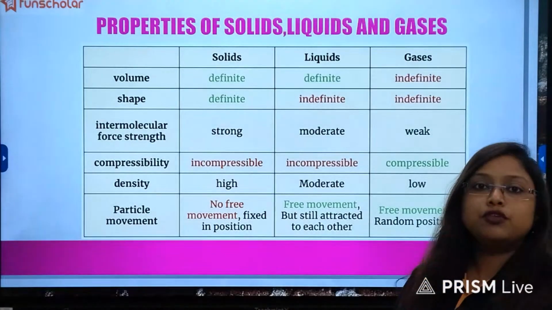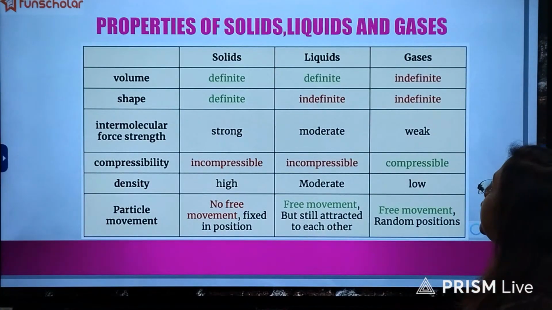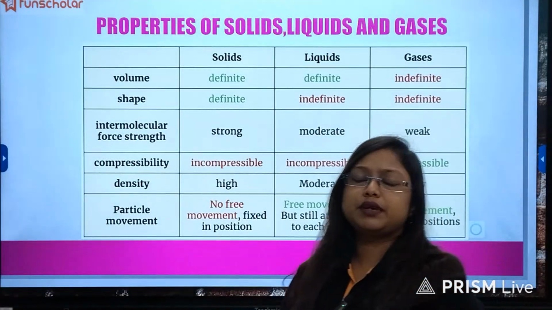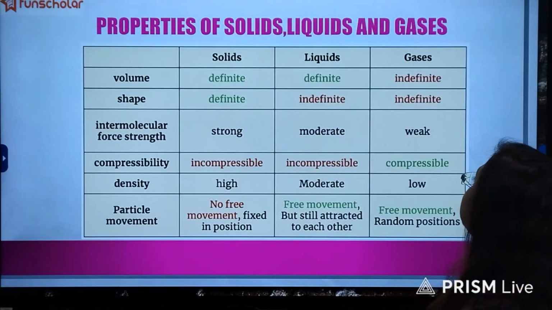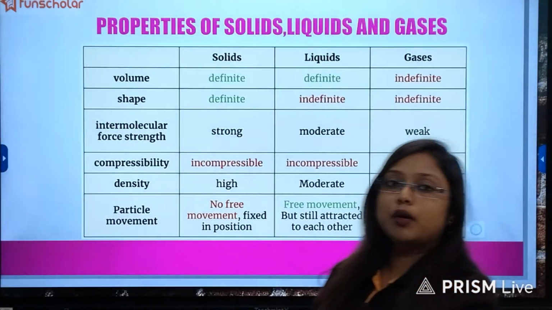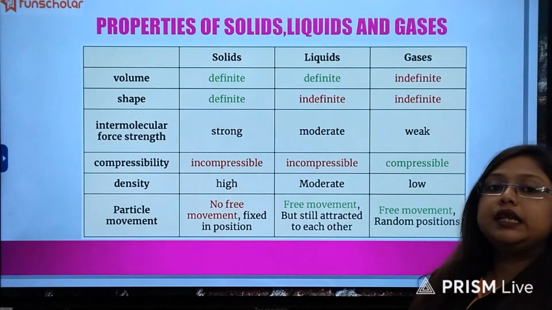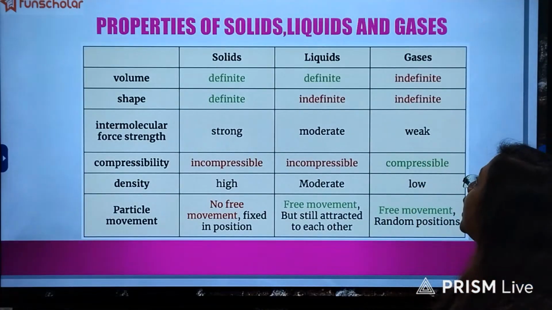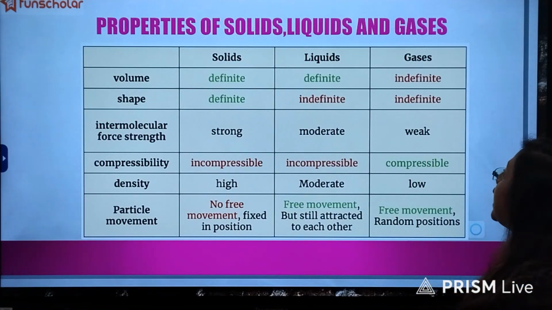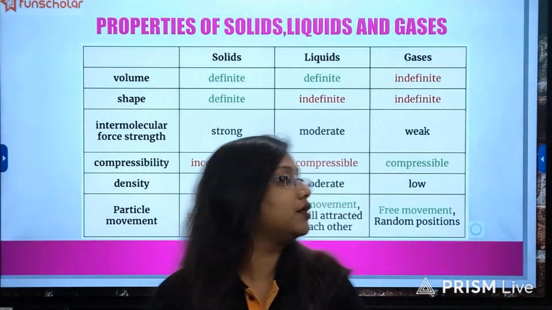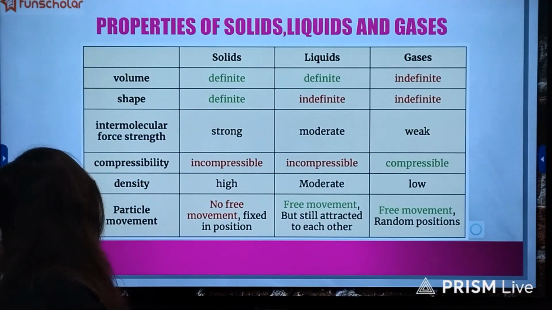Solid is almost incompressible, whereas liquid is also incompressible, but sometimes we can compress it, and in case of gases it is absolutely compressible. Next is density. In case of solid, the density is very high, whereas liquid have moderate density and gases have very low density.